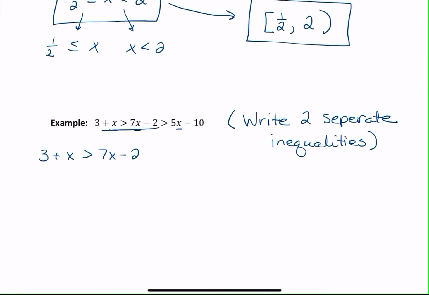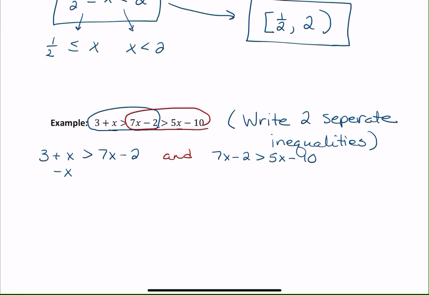That'll be that first part. And then the other part will be 7x minus 2 is greater than 5x minus 10. So I'm breaking this into two inequalities.